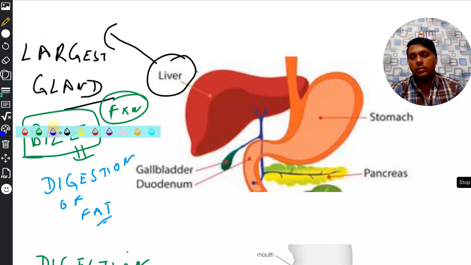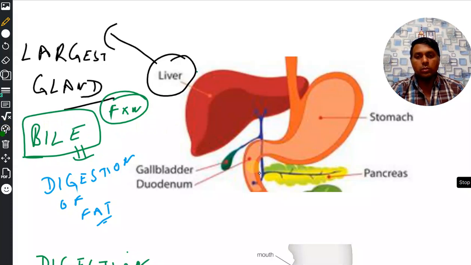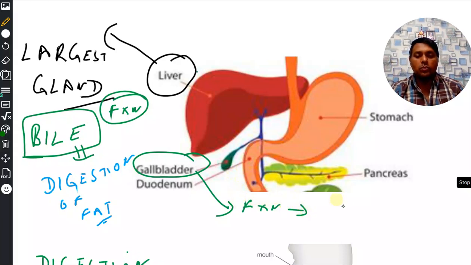Then there is the gallbladder. You can see this one, the gallbladder. You can see the place of the gallbladder. What is the function of the gallbladder? It stores, what does it store? It stores bile that is secreted by the liver.